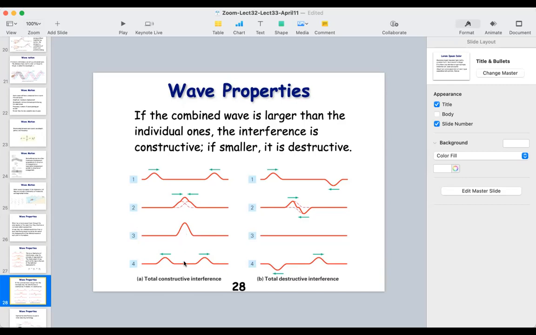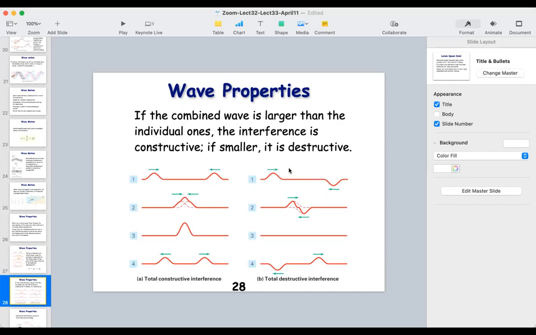And then they move in opposite directions after they pass each other. In this case, we speak about interference, and we say that the interference is constructive because they sum up together, making a bigger wave.